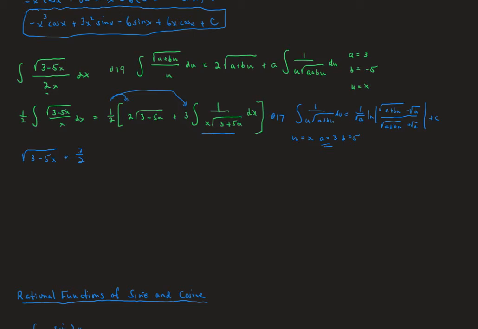And then we're going to get our 1 over square root of a, which is going to be 1 over the square root of 3. We're going to have that times the natural log of the absolute value of the square root of, oh wait, I should have said back here that the b is -5. That would have made that more clear before. So the b is actually a -5 there.